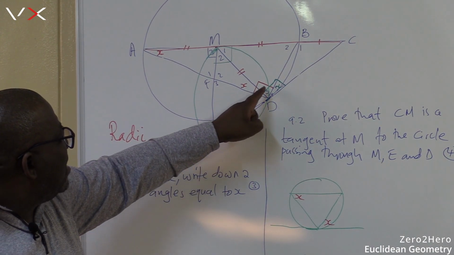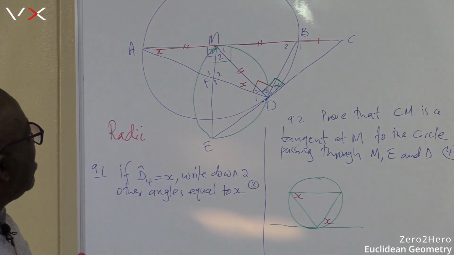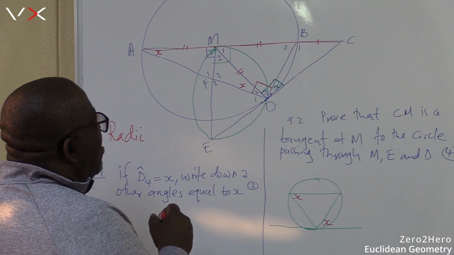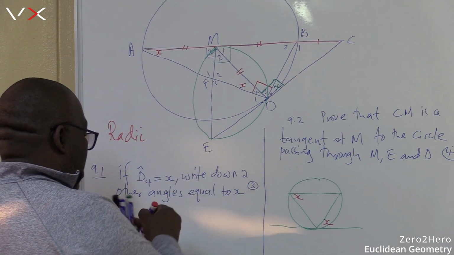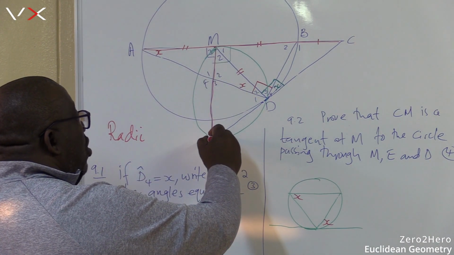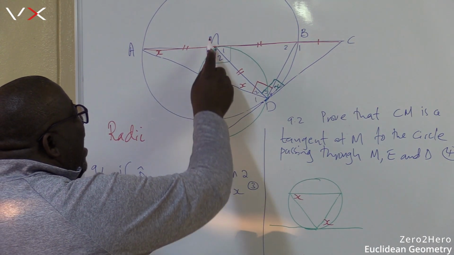Remember, we found these 90s here, subtended by the diameter. Look at this angle here. In this circle, this becomes my chord of this circle. And you can see the angle M3.